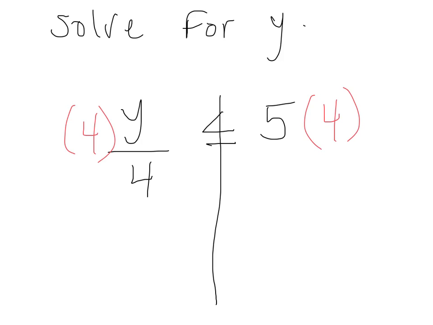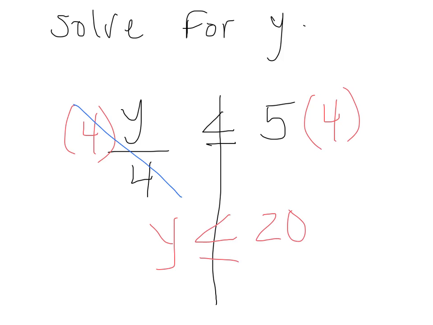Now 4y over 4, well, the 4's cancel one another and become 1, and then on the right, 5 times 4 is 20, so I'm left with y less than or equal to 20.